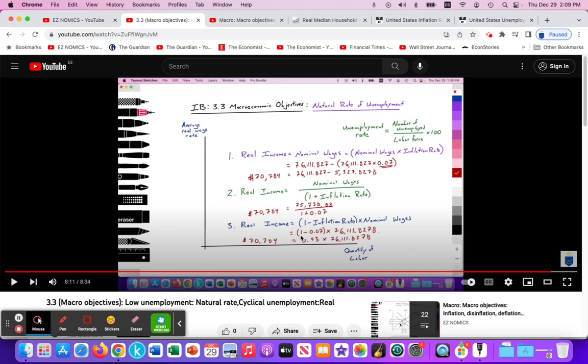And the third formula, 1 minus the inflation rate multiplied by nominal wages. Again, if it's 7% inflation, 1 minus that decimal value of 7% inflation, 0.93 times 76,000, again gives us a real income value of 70,784. So that's the real income for a year's work on average in the macro economy.